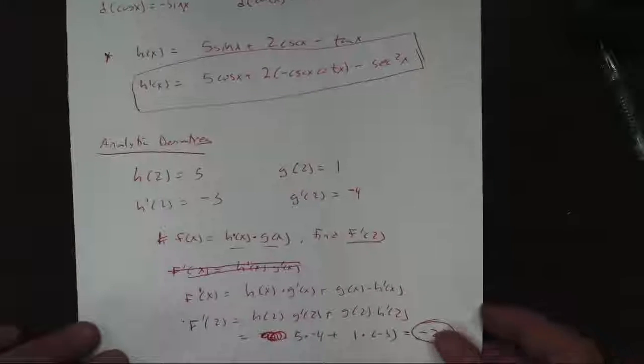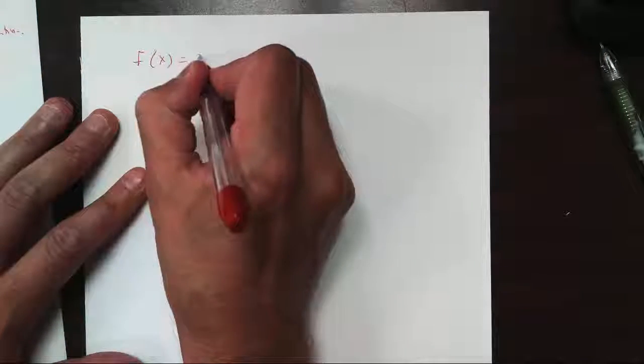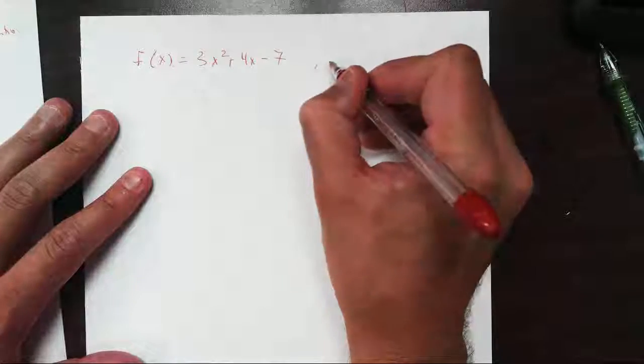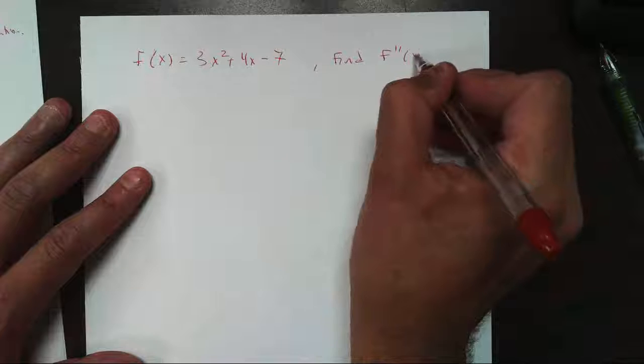Now the only other thing that you might have a little bit of trouble with is what we call higher order derivatives. And that's easy to do. Let's say we have f of x equal 3x squared plus 4x minus 7. And I say find f double prime of x.